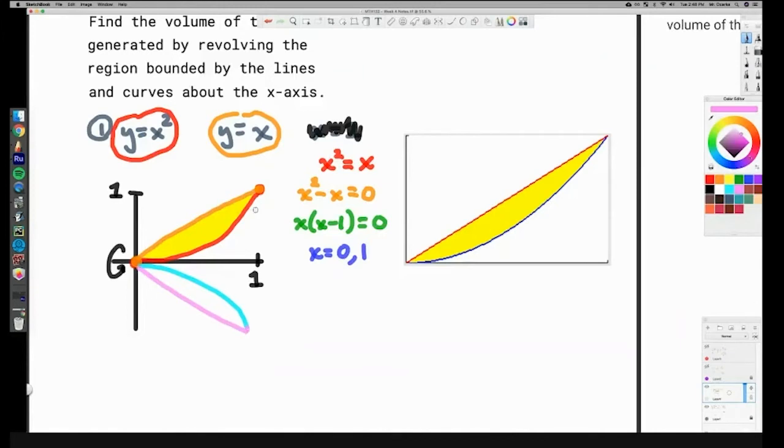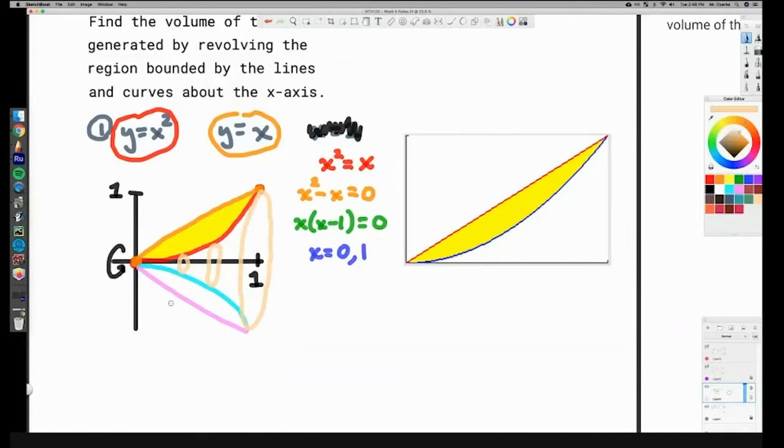We have something like that, and it forms some kind of a shape. There's a hole in between, an empty space in there too. You can imagine that inner cone shape. So you have a cone, and then there's a weird cone taken out of the center of it. Essentially, that's what that looks like. So we're looking for that volume there.